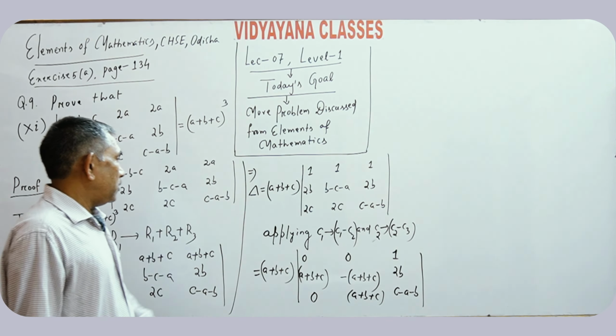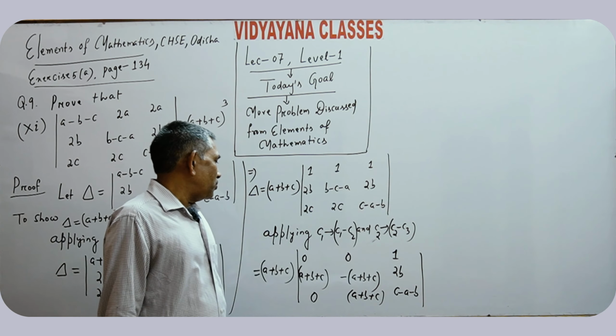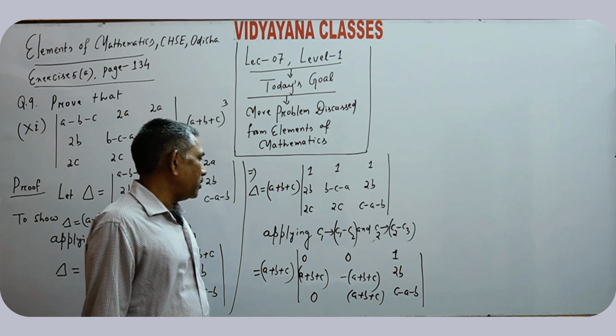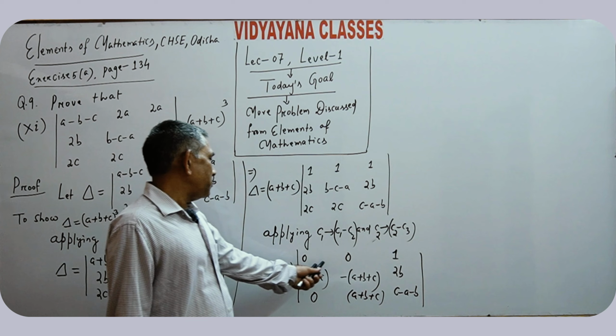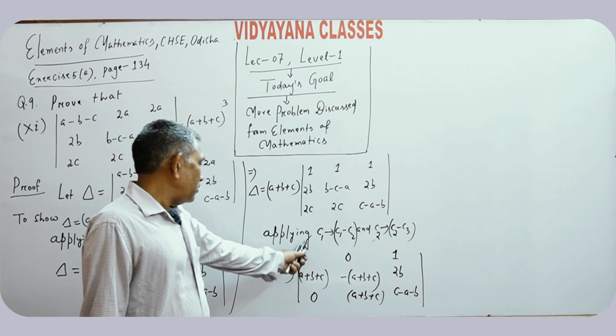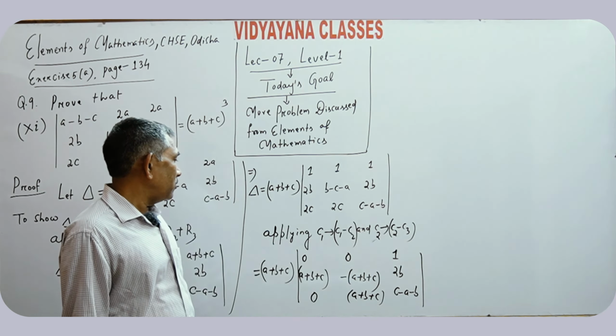Clear? Row 1 contains 2 zeros. Column 1 also contains 2 zeros. We can expand along row 1 or along column 1.